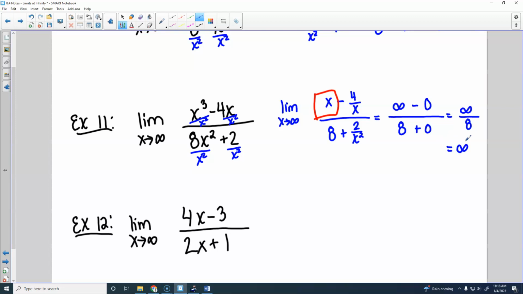There's not really much you can do to infinity to make it not infinity. Now, what about if I had a negative 8 on the bottom? Infinity divided by negative 8 would be negative infinity. It would change the sign, but it would still be infinite.